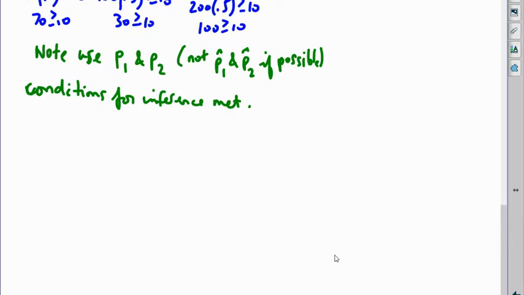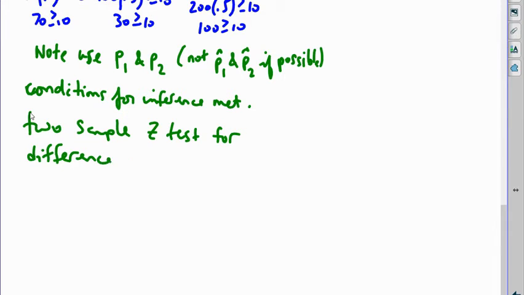We're going to do a 2-sample z-test for difference of proportions. And let's do it at an alpha of 0.05.